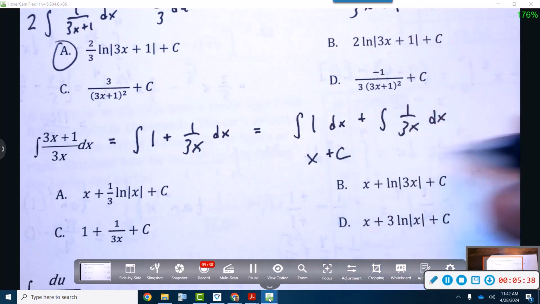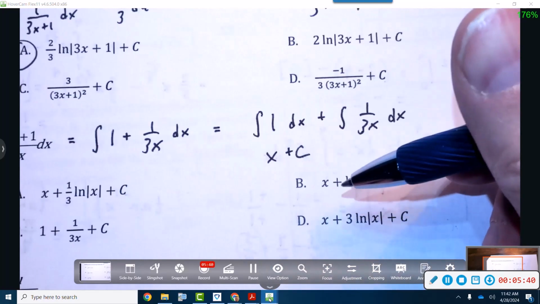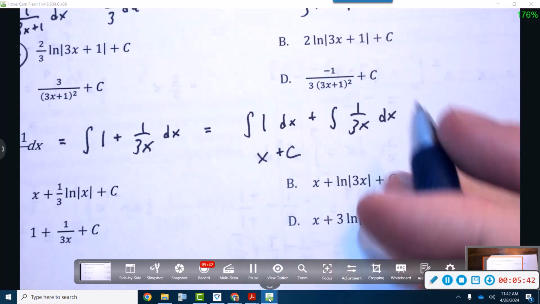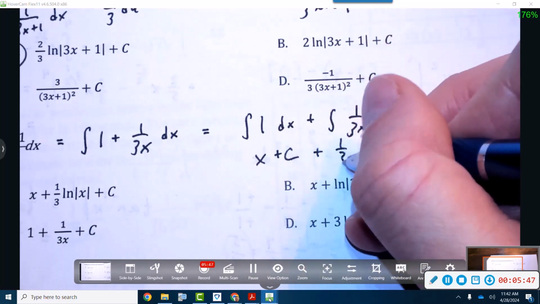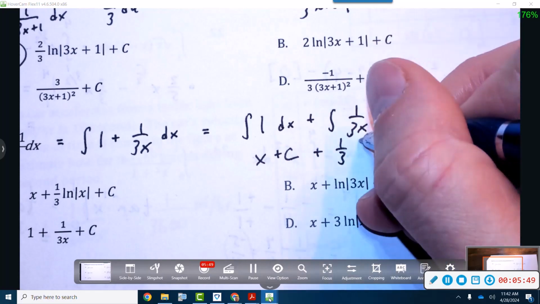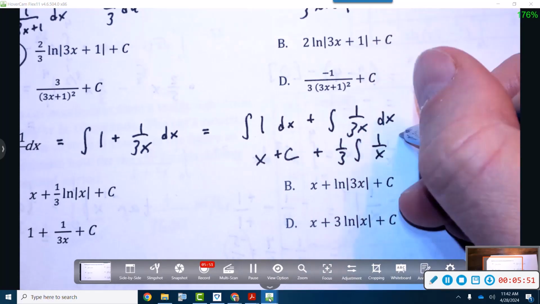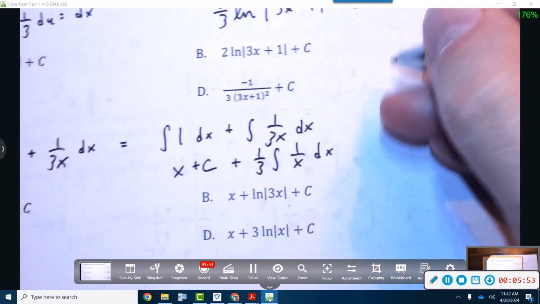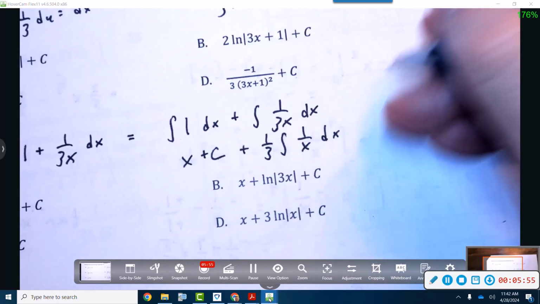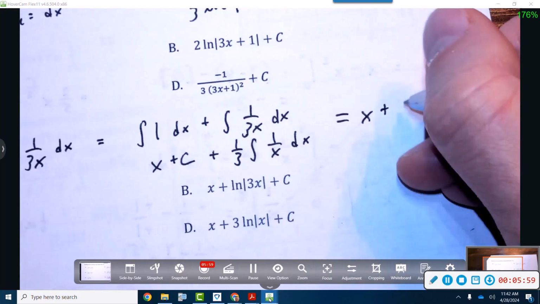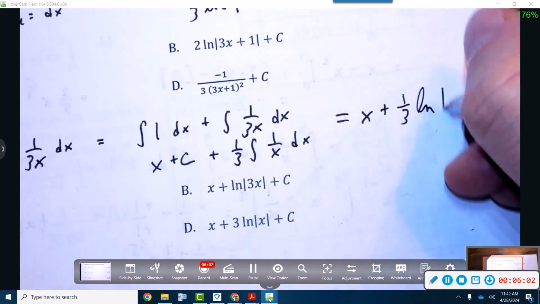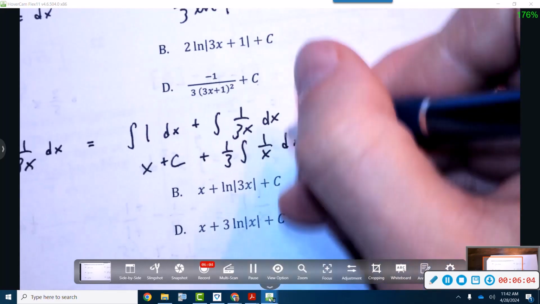Okay. Now I know this guy is x plus c. Okay. And then I'm going to add my two c's together, and guess what I get? I get c. Let's get rid of that 1/3. Okay, and now we have the antiderivative of 1 over x dx, which is just the ln. So, what does it all equal? It equals x plus 1/3 the ln of x plus c.